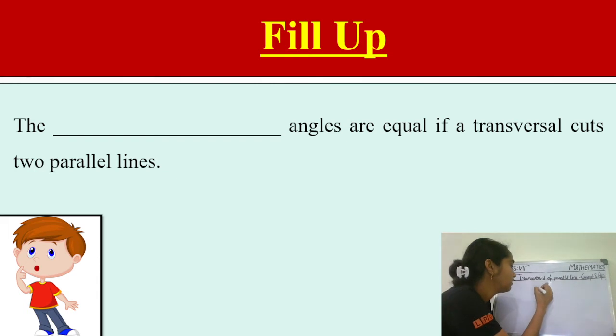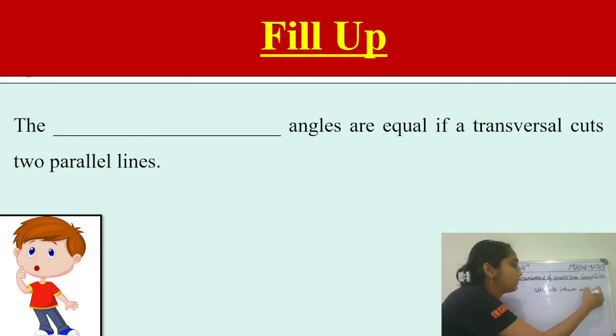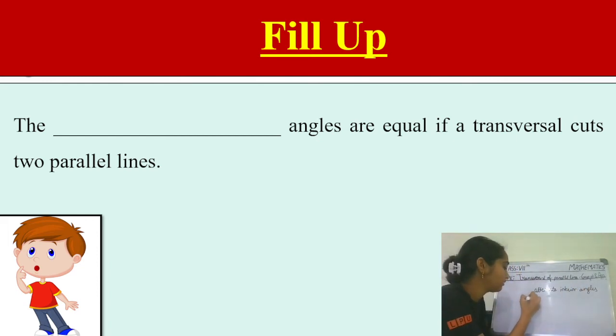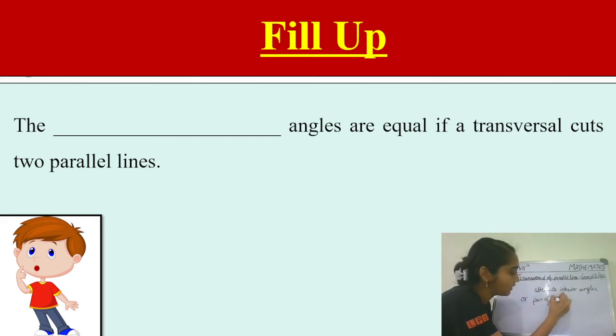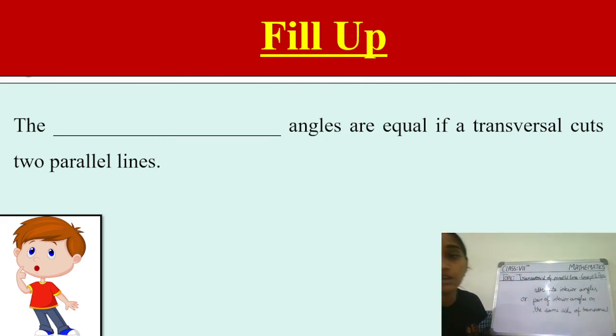Alternate interior angles, they are equal, or the pair of interior angles on the same side of the transversal. They are equal if a transversal cuts the two parallel lines.